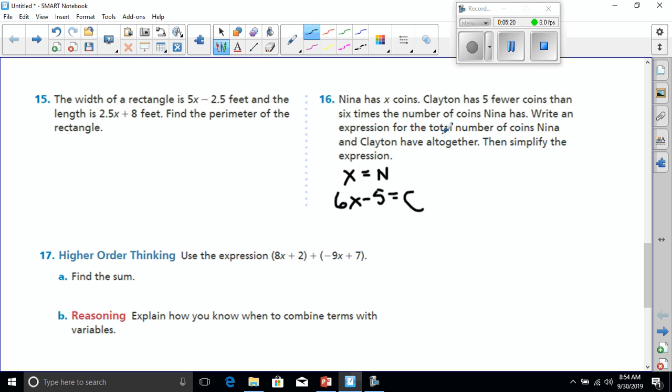Write an expression for the total number of coins Nina and Clayton have together. Well, we're lining up, we got 6x plus 1x, that's going to be 7x minus 5.